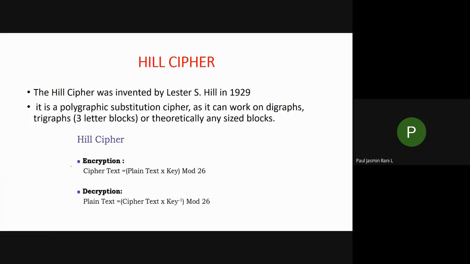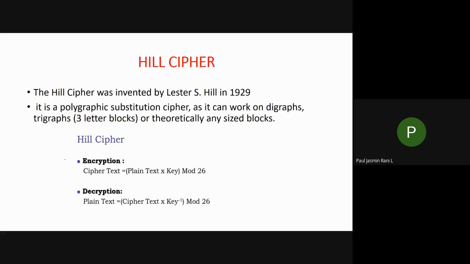Concentrate on this one. If you consider this Hill cipher, it is a polyalphabetic substitution cipher. Substitution means in the place of one alphabet, you are going to substitute another alphabet.